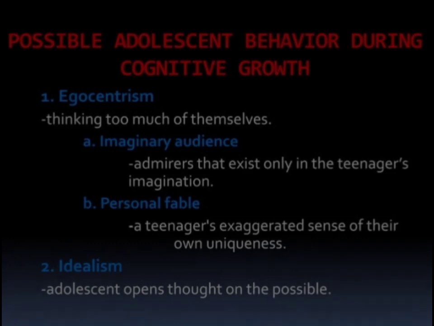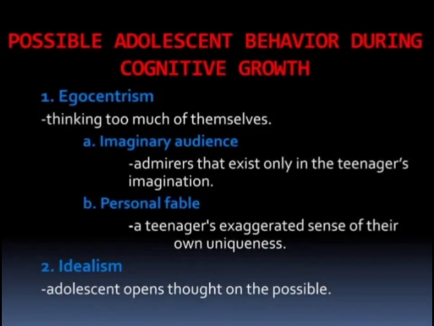And of course, we have possible adolescent behavior during cognitive growth. So what are these? We have egocentrism, which is thinking too much of themselves. In egocentrism, you prioritize yourself over others. Also, we have idealism. So it is adolescents' open thoughts on the possible.